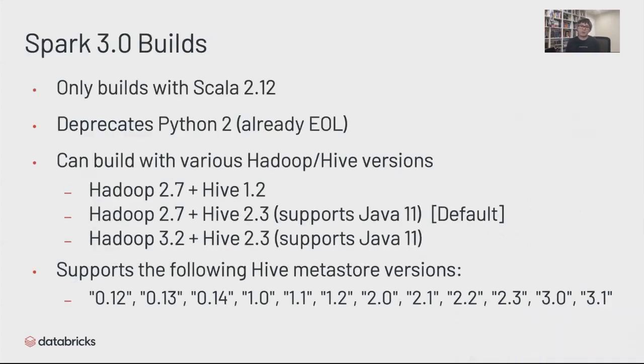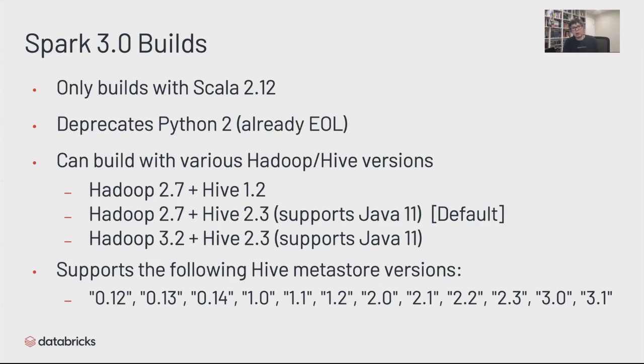I want to mention some breaking changes here. Starting from this release, we only preview Spark with Scala 2.12 and deprecate Python 2. In the download page, we provide Spark with different Hive and Hadoop combinations.